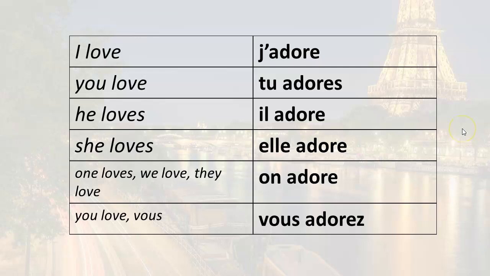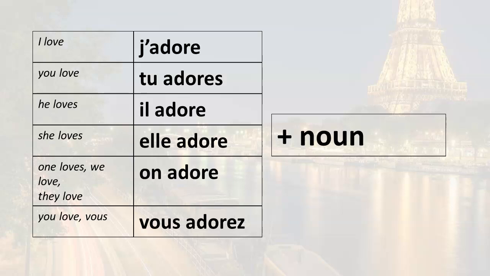In this lesson we are only working with the singular forms. The plural forms, or the forms that go with the plural subject pronouns, are in the next lesson. So let's take a look at what we normally do with adorer. When we conjugate adorer, one thing you can do is use a noun following the conjugated form to express the idea that you love something.